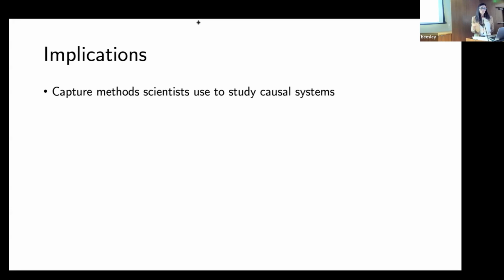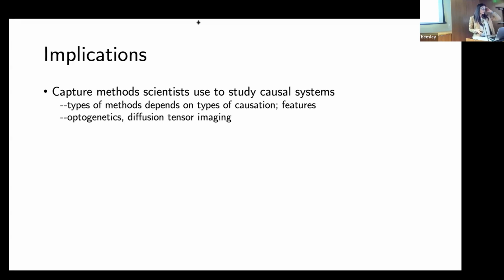What are some of the implications of this analysis? Part of what we're interested in with this type of work is to capture the methods that scientists use to study causal systems. And these methods are going to differ depending on the types of causes and the types of causal systems that are out there in the world that scientists are engaging with. Essentially, different types of causal systems have different features, and these features often dictate that some methods can or can't be used, and they require different types of methods.